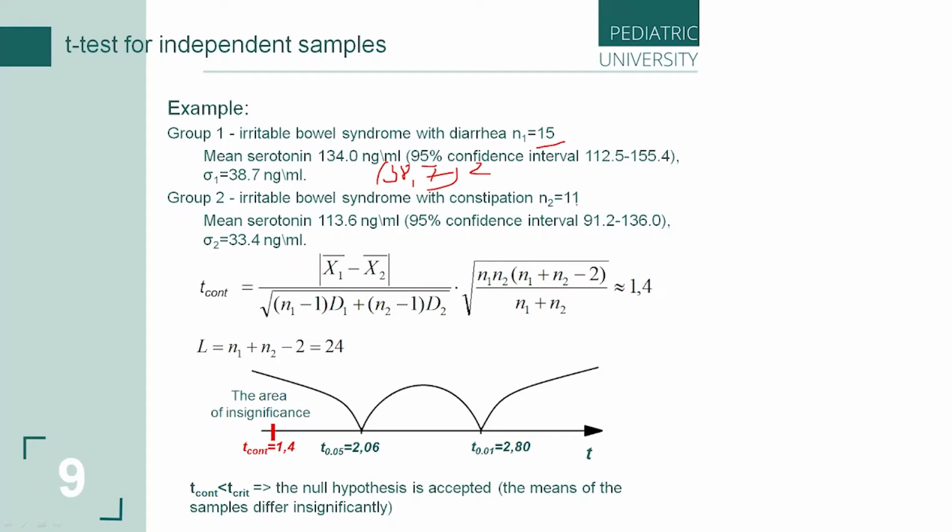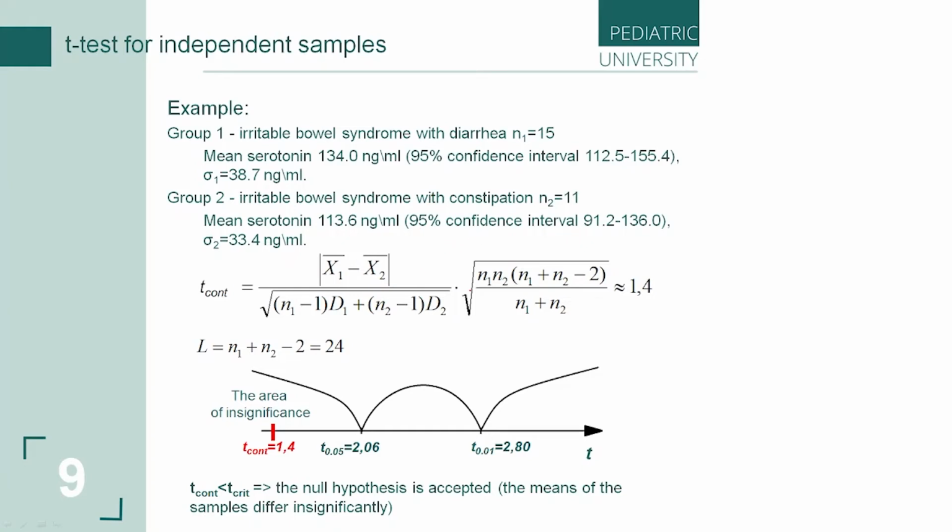The sample size of the second group is 11, and the sample variance is 33.4, squared. So, we put these numbers into the big formula for calculating the criterion and calculate the fraction. After that, we get approximately 1.4.